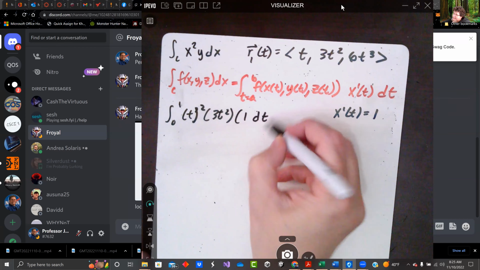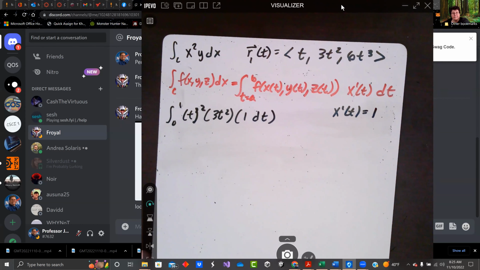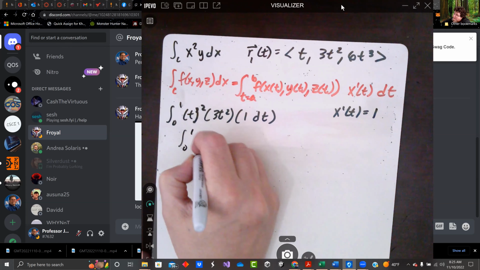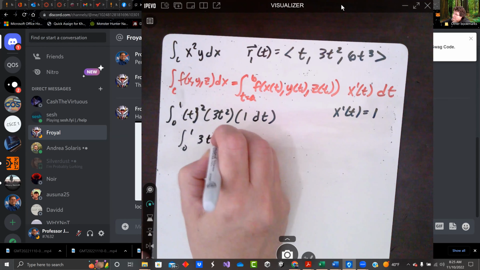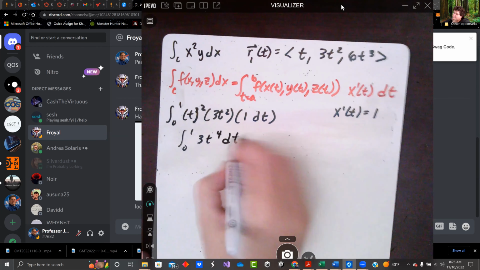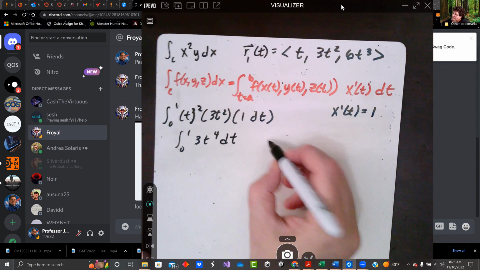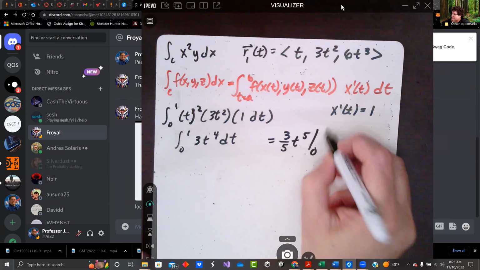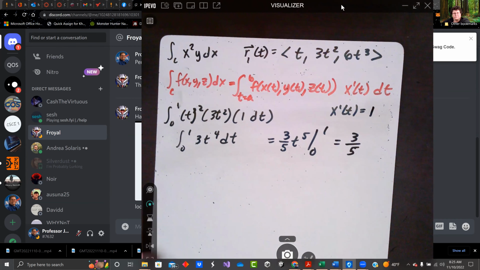That's my x prime of t dt. And this got really easy. This is 3t to the 4th dt. And we get 3/5 t to the 5th, from 0 to 1, which is just 3/5.